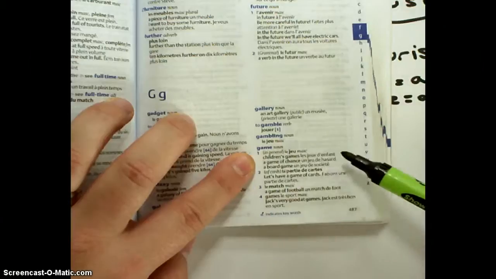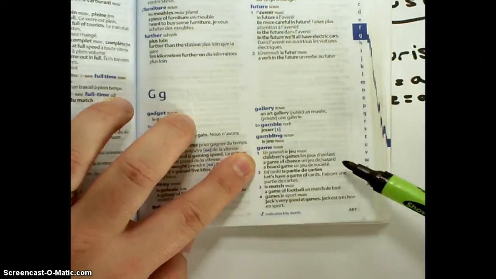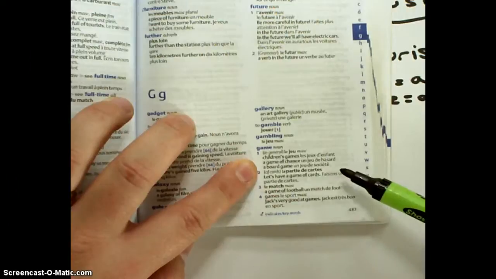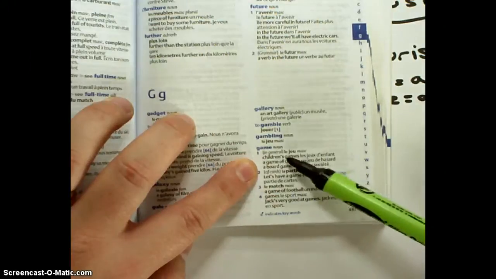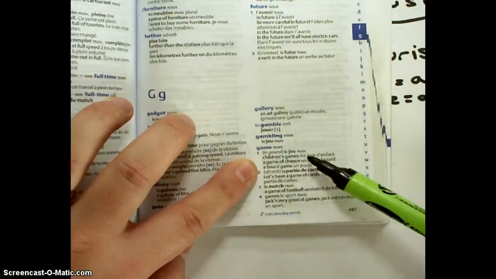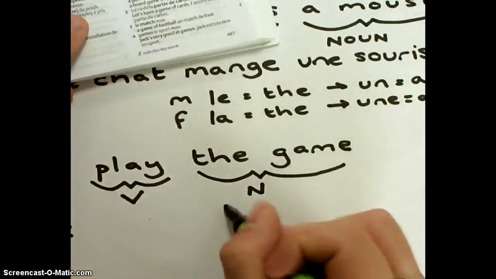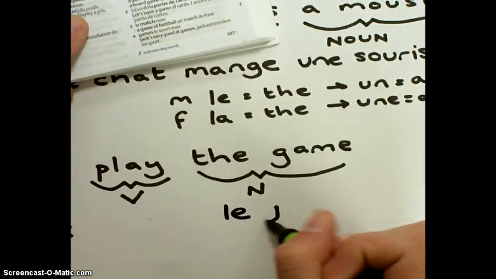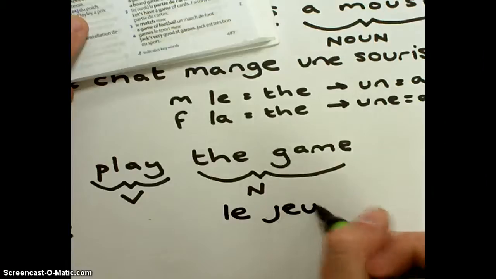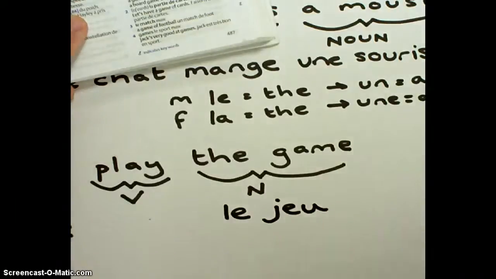Children's games, les jeux d'enfants, a game of chance, un jeu de hasard, a board game, un jeu de société. I think we've got the right idea here. We said the game this time, so here it is, le jeu, masculine, which means le jeu.